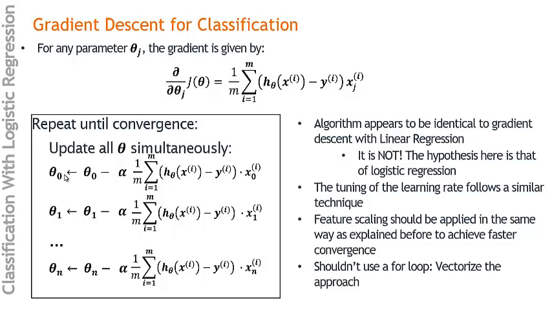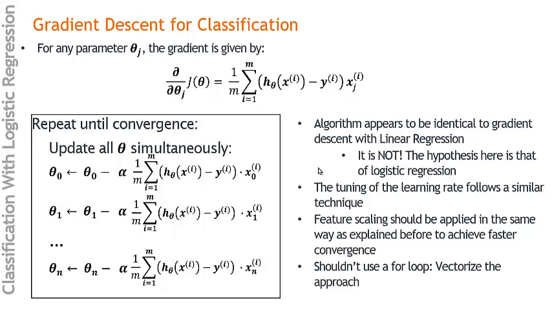You can think of this as updating the entire vector of parameters with the gradient of the cost function. So the algorithm appears to be identical. In fact, the only difference is plugging in this h here. So in your computer code, there's not that much difference. It's basically a plug-in of one expression for another.